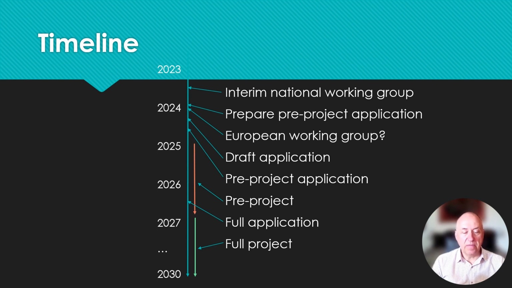Then if the pre-project funding is successful, then we will have that pre-project during 25 and into 26. And the aim of the pre-project will be to prepare the full application, which will then run from 2027.